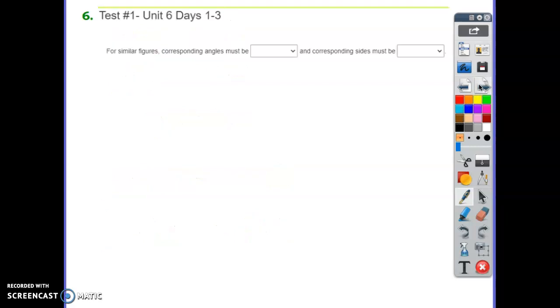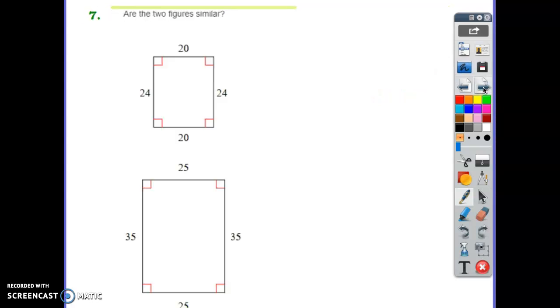All right, for similar figures, corresponding angles must be congruent. That's the symbol for congruent. And the corresponding sides must be proportional. Number 7, are the two figures similar? Well, is the ratio 24 to 35 equal to 20 to 25?